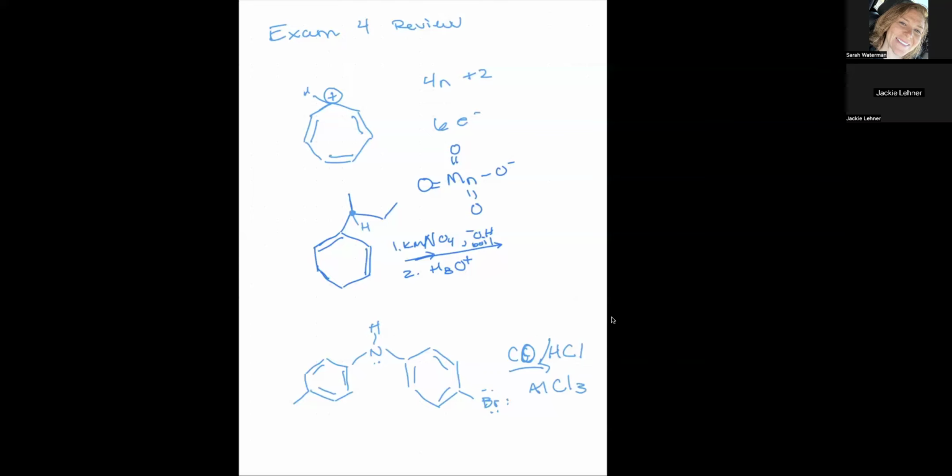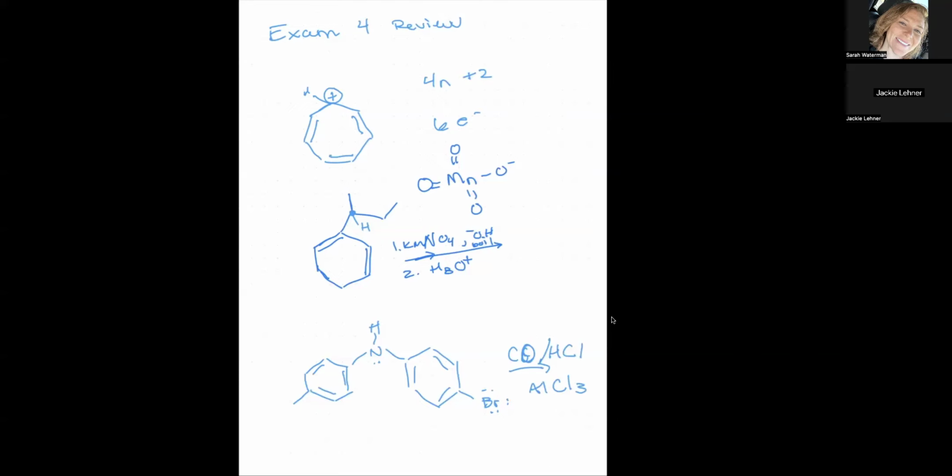Right. And then yes, that's what I thought I remembered. And on the other side, I said that the methyl group was a donating group, so that will also do ortho and para.